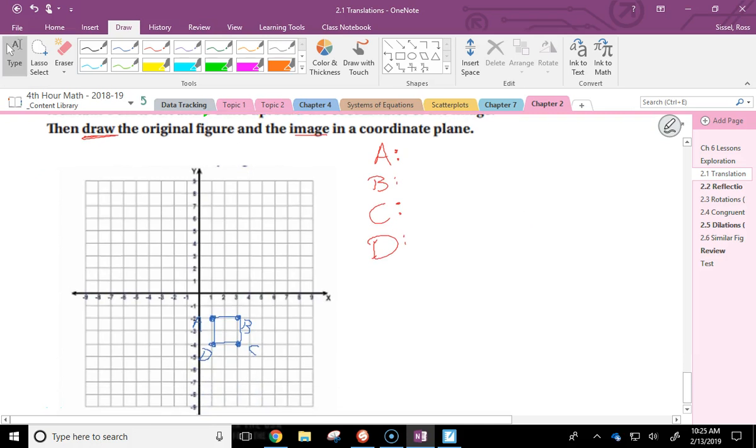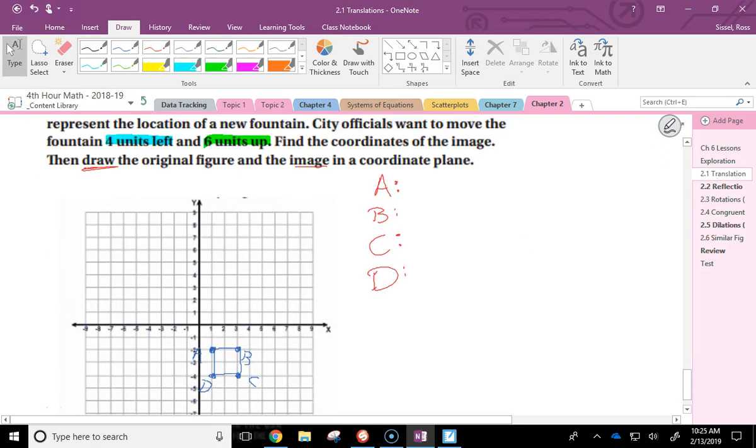The way I would show this, you don't have to show all the parts, but I'd just say 4 left. 1, 2, 3, 4. And 6 up. 1, 2, 3, 4, 5, 6. That would be A. 4 left, 6 up.